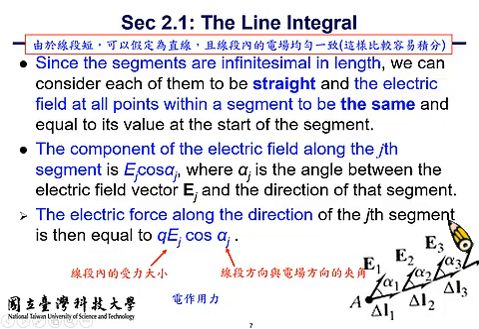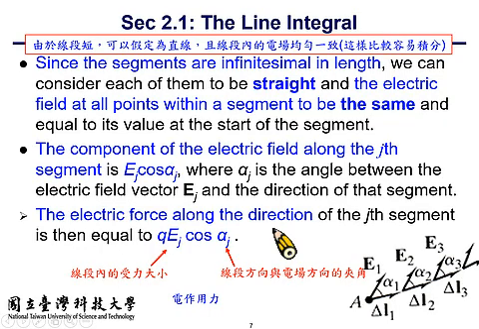So for very short lengths, the line can be regarded as uniform direction. And the paths, that is delta L1, delta L2 in different locations, can be assumed to be straight lines. And the force experienced by the test charge is what?